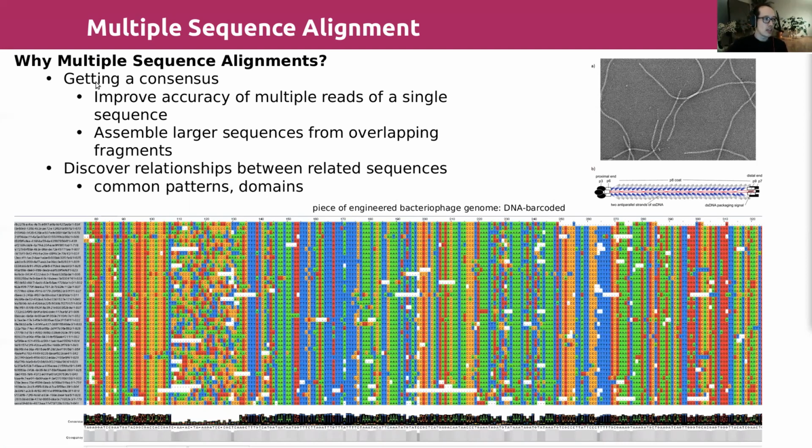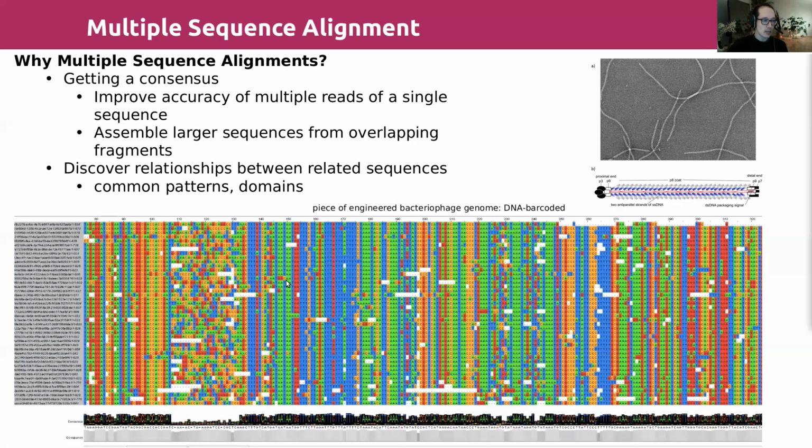One thing you can get is consensus, and you can see a type of consensus that's represented as a logo down here. This can be useful, for example, for improving accuracy. In this case, that's happening.